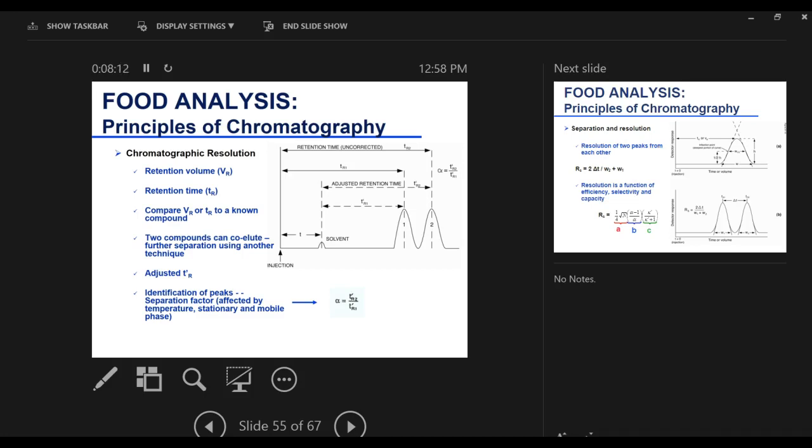Other than the retention time, there is the retention volume, so you can measure the amount of volume it took for that compound to come out. But for our analysis purposes, we don't deal with the retention volume, or the volume of mobile phase it took for the sample to come out. We only look at retention time.